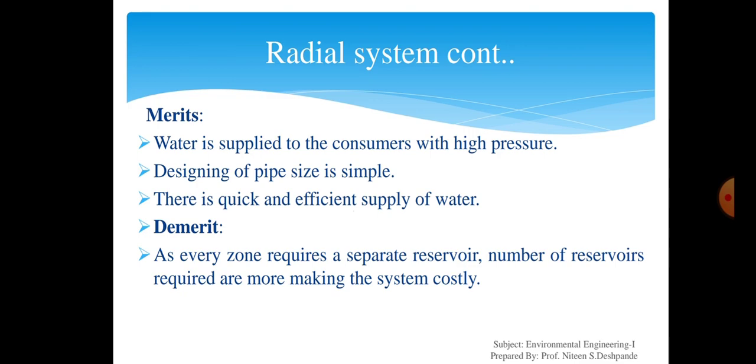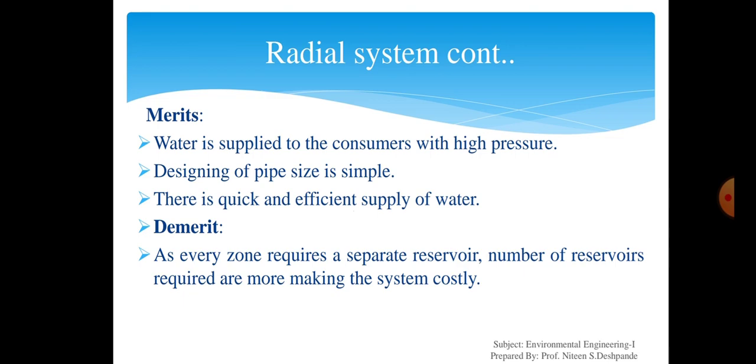After this, we have to see the capacities of these distribution or service reservoirs. There are basically three types of capacities. We need to maintain balancing storage, fire storage, and breakdown storage. What is meant by balancing storage, fire storage, and breakdown storage, we'll discuss in the next lecture.